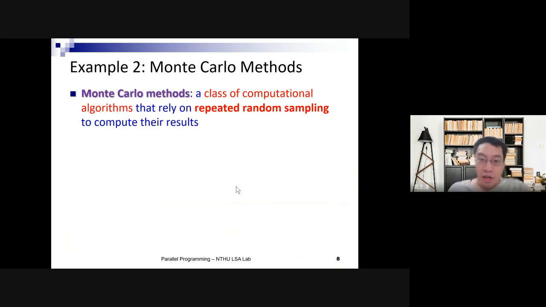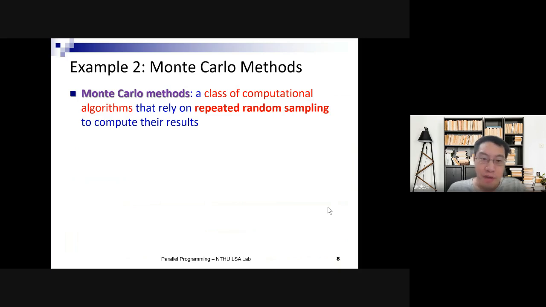The second example is more general. It is a general computation that could be applied on a wide range of applications because it is a class of algorithm called the Monte Carlo method. The concept of the Monte Carlo method refers to a class of computation algorithms that try to solve computation problems based on repeated random sampling techniques.